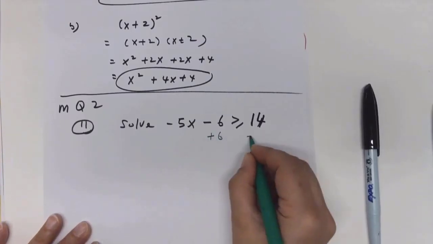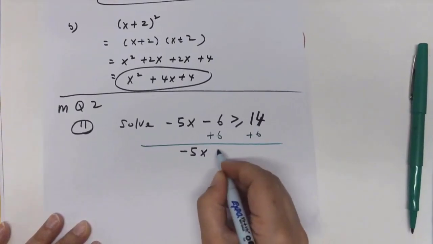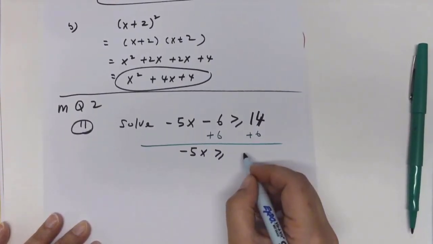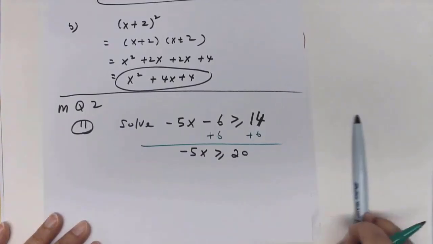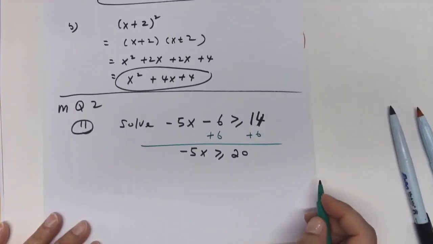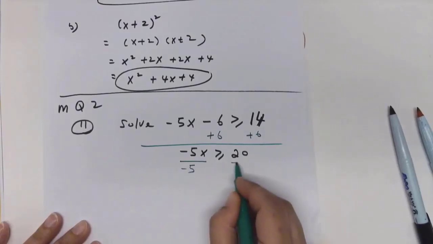Plus 6, and then negative 5x greater than or equal to 20. And then to solve for x, we're going to need to divide by negative 5.